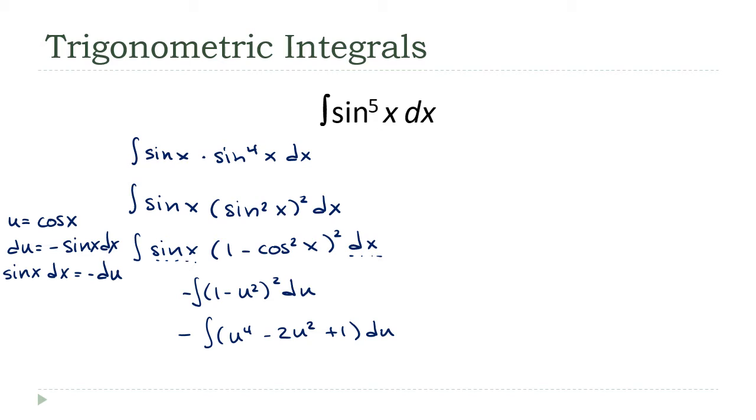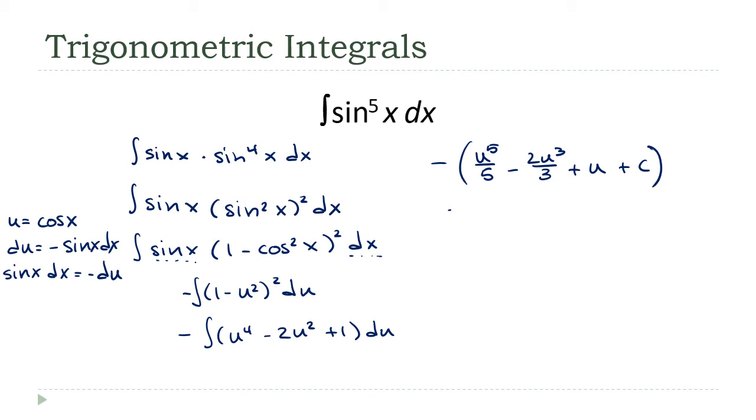And this, I can do this integral. This is u to the fifth over 5 minus 2u cubed over 3 plus u, and I still have that minus sign out in front, plus a constant. All right, now let's go back to cosines. Put cosine back in there for u, and I'm going to distribute that minus sign at the same time.